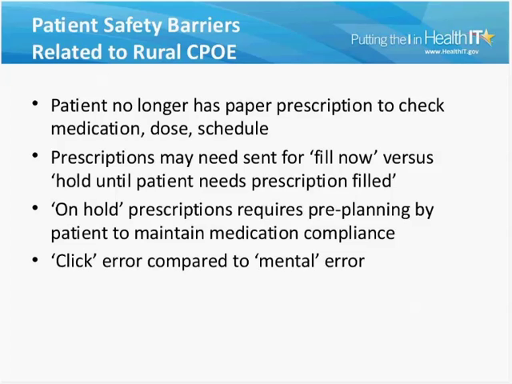And also, the patients really need to be aware of continuing to monitor their medications, either through their pharmacy or through the clinical summaries, because it's their medication, it's their health, and they need to be aware of, as well as physicians, the safety of their medications, whether it's on paper or CPOE.